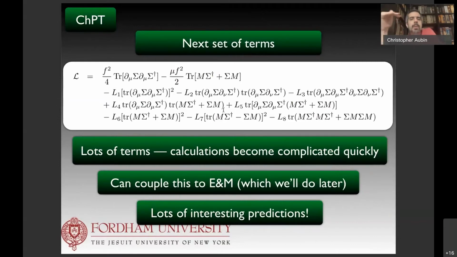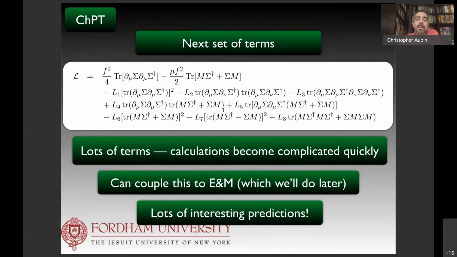In fact, for every order in chiral perturbation theory that you take your Lagrangian to, the number of terms gets larger and larger. L2 in this case has 2 terms. L4 has around 10 terms. L6 has roughly 100 terms, so you can guess what L8 would have. It's very complicated very, very quickly.